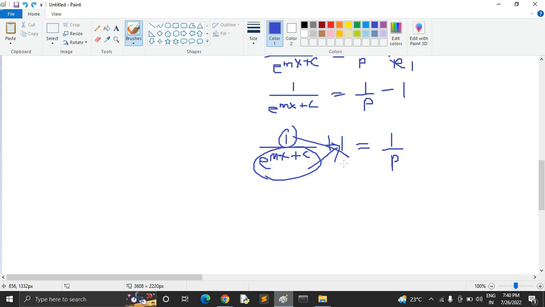Once I do that, we will be getting the equation like 1 upon e to the power mx plus c plus, since we have performed the cross multiplication, 1 into e to the power mx plus c.